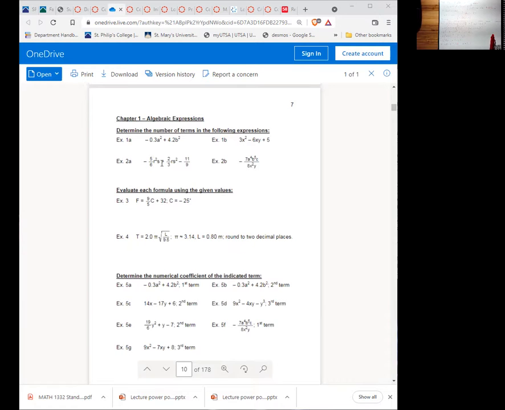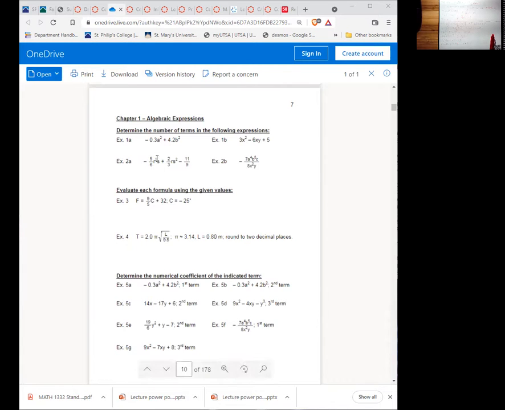So check these out. We have this negative fraction, plus some other fraction, minus another fraction. So we got 1, 2, 3 terms. Does that make sense? So the terms are just the signs? Kind of.